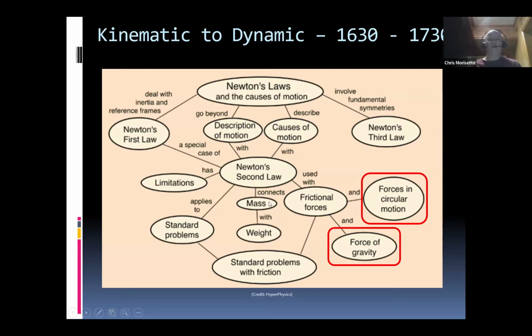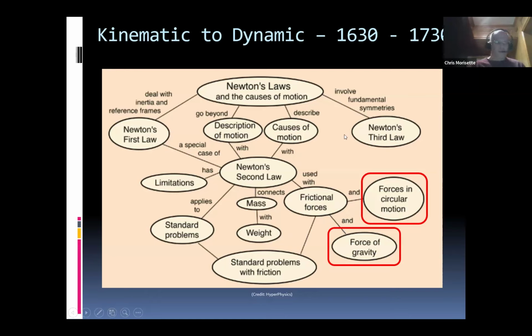This law connects mass with weight and applies to many standard problems, not only problems out in the cosmos in orbital motion, but also many problems here on Earth. And it dealt with frictional forces as well. If we get over to this part of the diagram, we can see that the forces in circular motion and forces of gravity are also dealt with by Newton's second law.